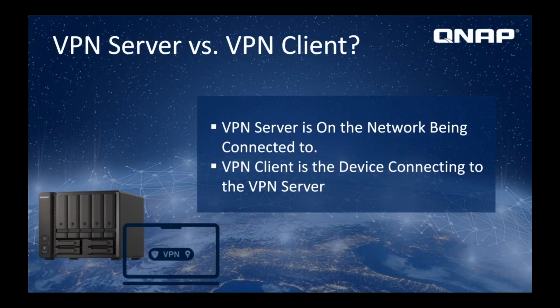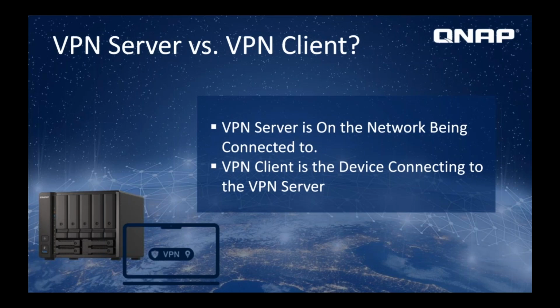When a VPN connection is established, there's both a VPN server and a VPN client. The VPN server hosts the VPN service and is on the network that will be remotely connected to, while the VPN client is the device that is accessing the network from the outside. Often people will sign up for a VPN service where they pay a subscription fee for access to that VPN server.